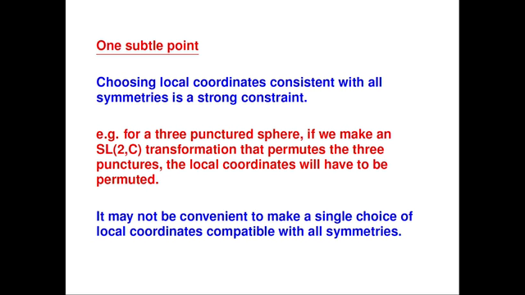So the question is whether it is possible to do something which allows us to incorporate this situation, whereby making a single choice of local coordinates you may not be able to have all the symmetries built in. It turns out that it is possible, and it goes as follows.